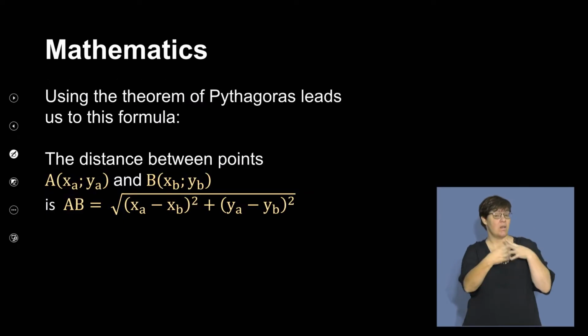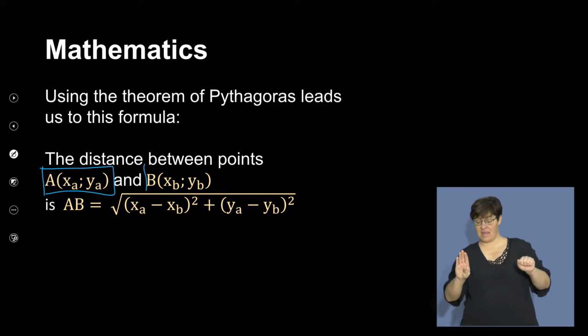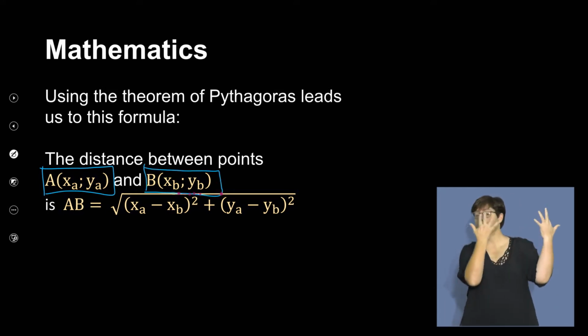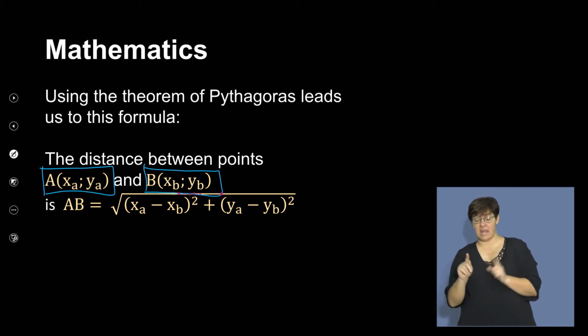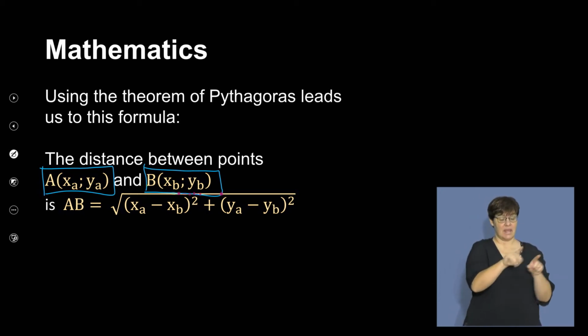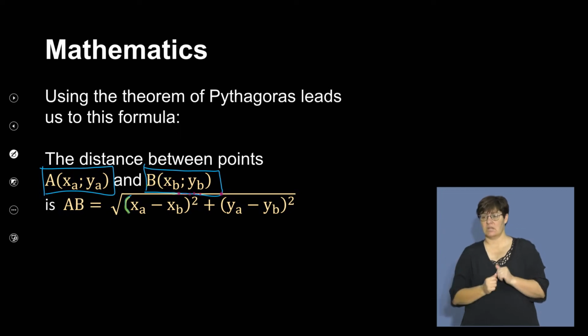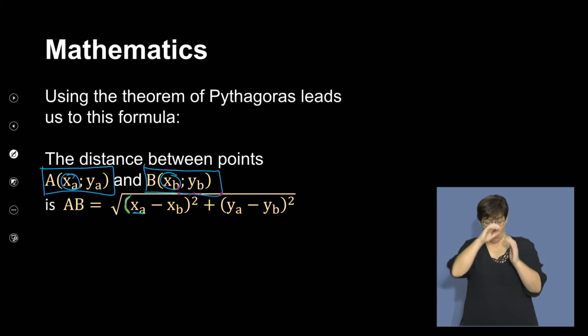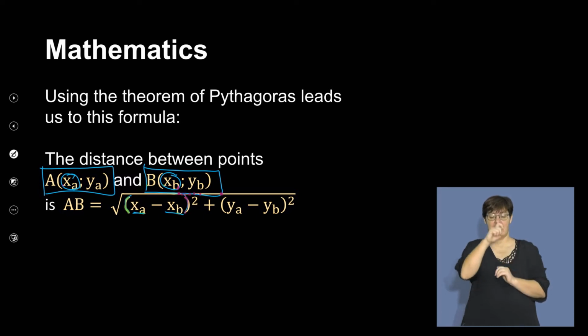that formula is this. If I have 2 points, A and B, the formula that I'm going to be using to calculate the distance from A to B is going to be the square root. I'm going to open brackets. I'm going to take the x value from the first coordinate, A. I'm going to subtract the x coordinate of the second point, and I'm going to square that.